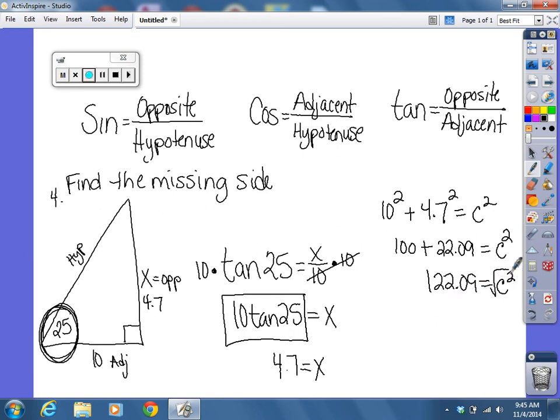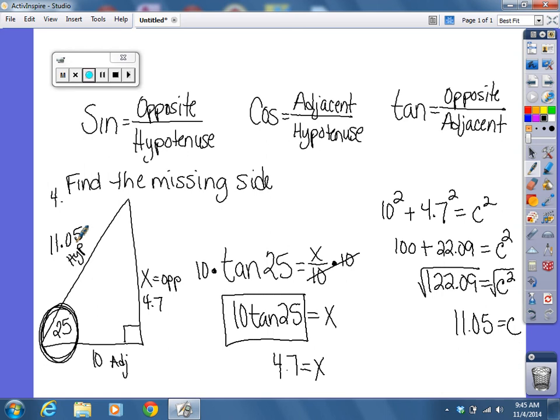And then I can square root both sides, and when I square root 122.09, I get 11.05. So that's my C. So if this is my hypotenuse, both of my numbers are smaller, which makes this good because they both have to be smaller than your hypotenuse. Pretty good answer choice there. Okay? So that's finding the missing side.